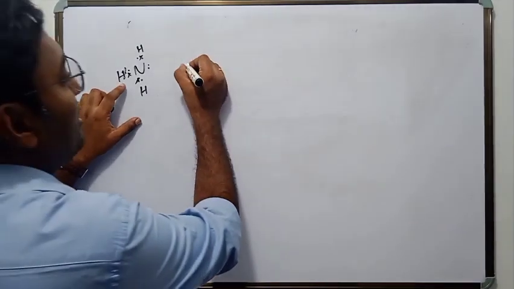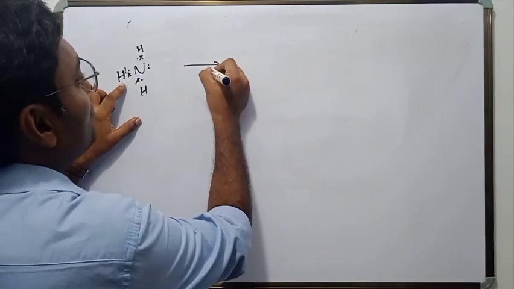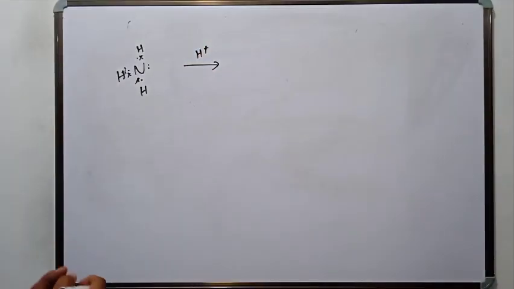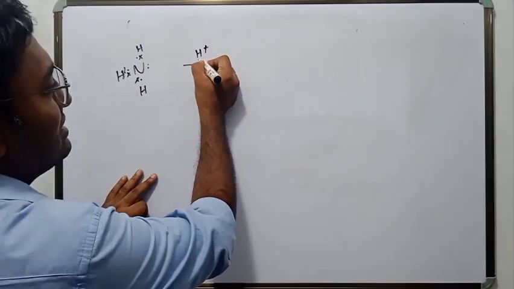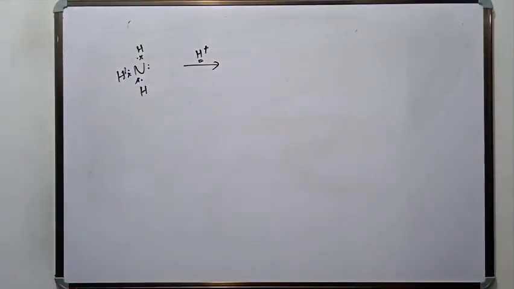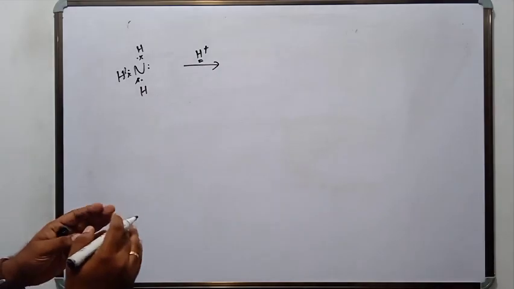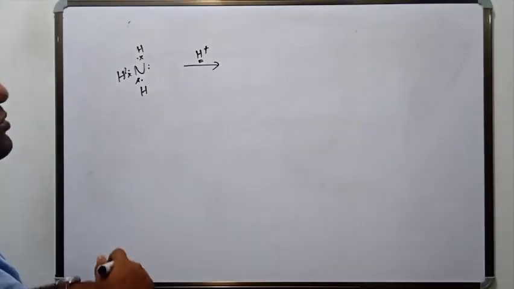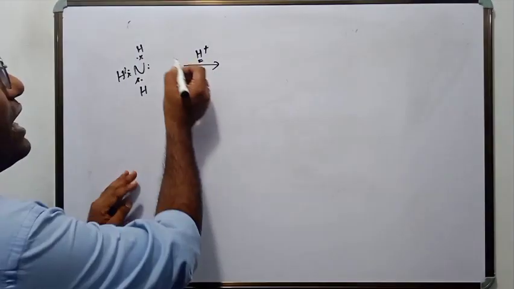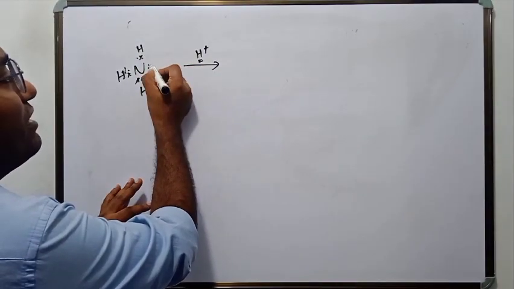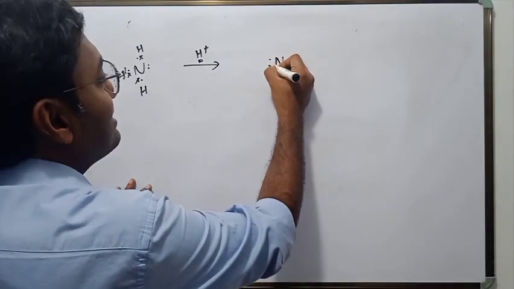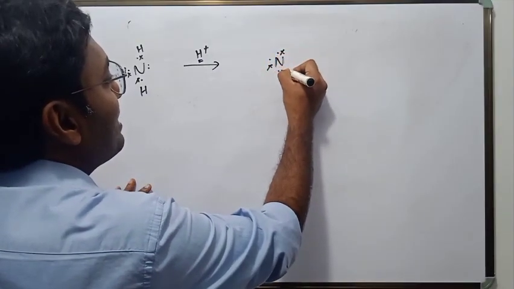Now, if this is exposed to acidic conditions, what would happen? That is a question. In that case, you can see that H plus is unstable. It needs to complete its duplet configuration, 2 electrons in the outermost shell. The only way to do so is to accept the electron pair from here. So yes, it would accept the electron pair.